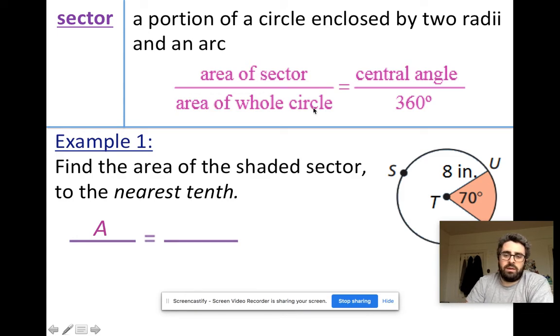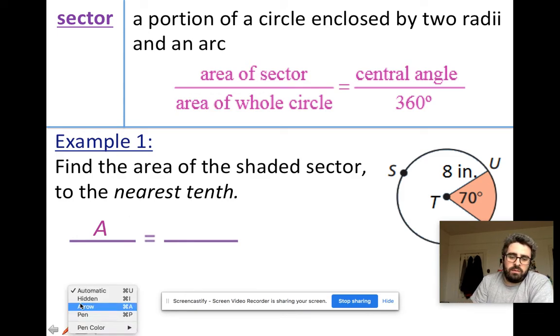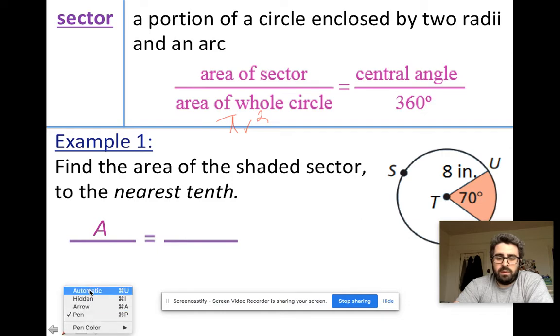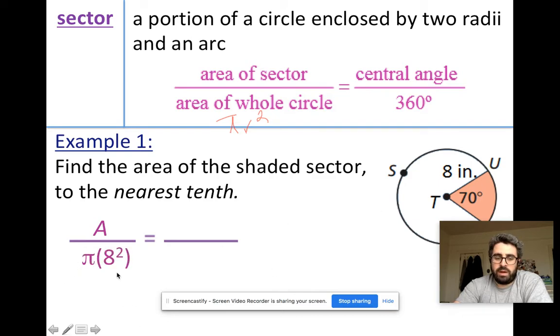Well, the area of a circle formula we know is pi r squared. So we're going to plug in the radius into this area of a circle formula. So I do that by saying pi times 8 squared. 8 is the radius. And this is equal to the central angle, which I see here is 70 over 360.